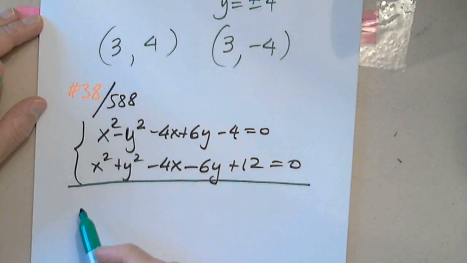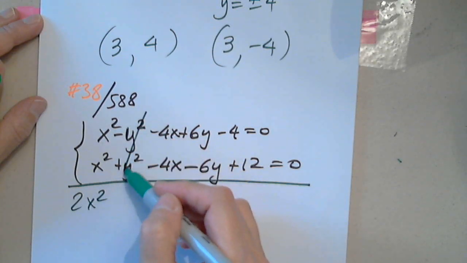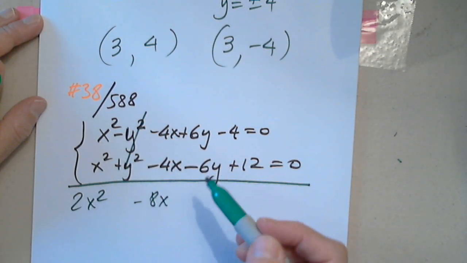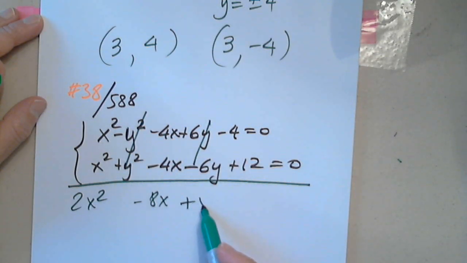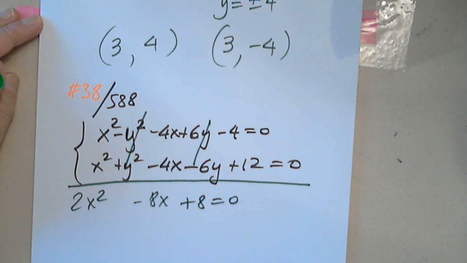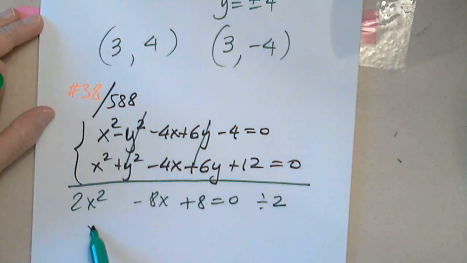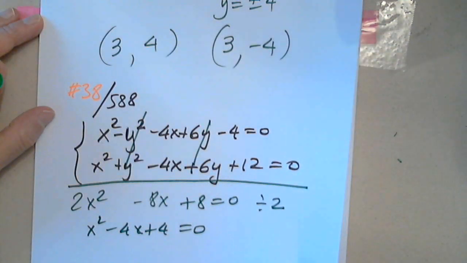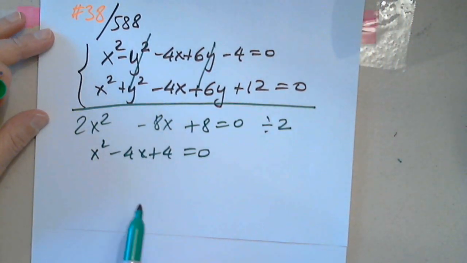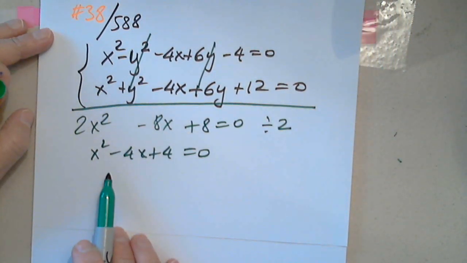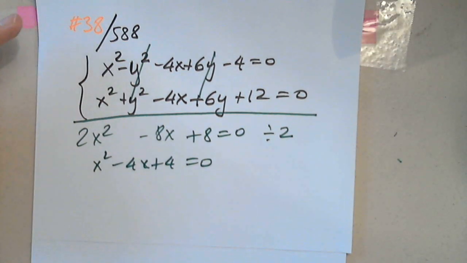And indeed, this is 2x squared, gone. Minus 8x, gone. And plus 8. So we got lucky. Now, of course, I will divide both sides by 2, and I get x squared minus 4x plus 4 equals 0. And if we know our formulas, then we know exactly what this is and how many solutions it will have.